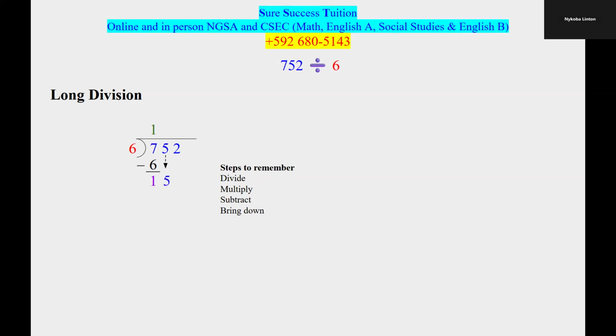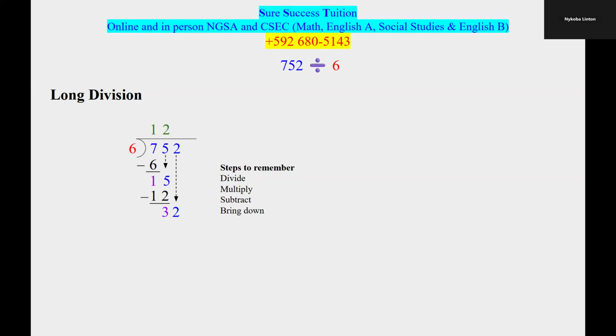6 into 15 would be 2. 2 multiplied by 6 would be 12. We subtract, we remain with 3. Now what do we do? Well, since it's a 3-digit number, guess what? We must bring down the 2. So bring it down. And now let's repeat.